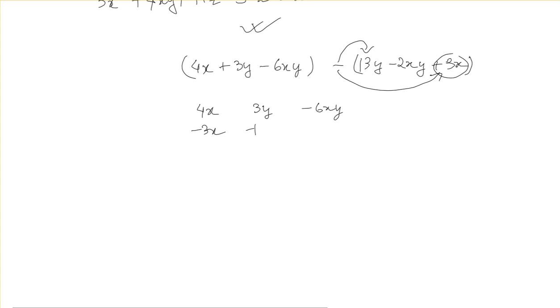Minus 13y, minus and minus, that is plus 2xy. This is only x. This is minus 10y. This is minus 4xy. So it is x minus 10y minus 4xy.